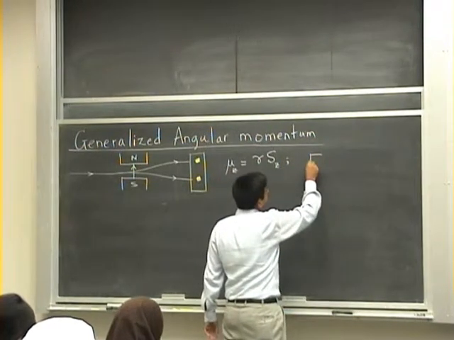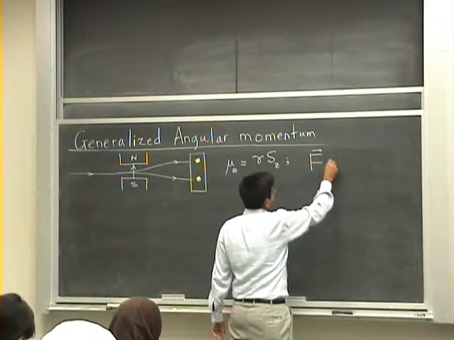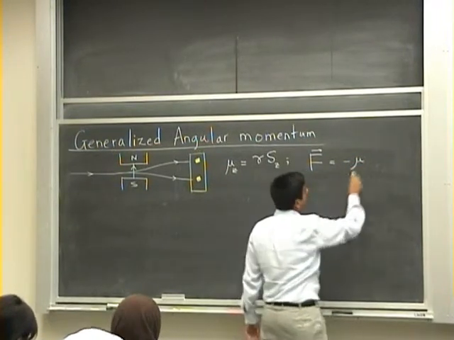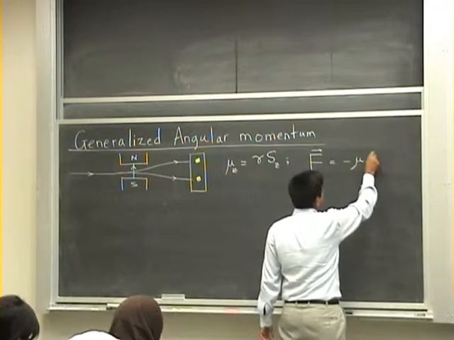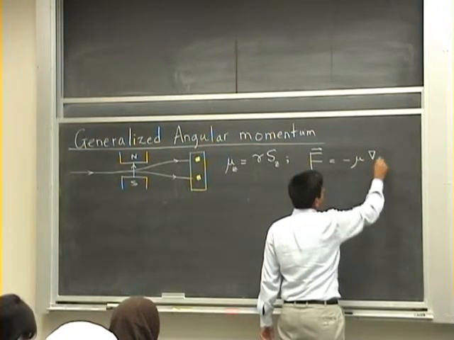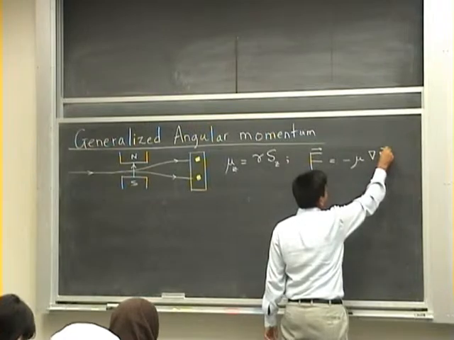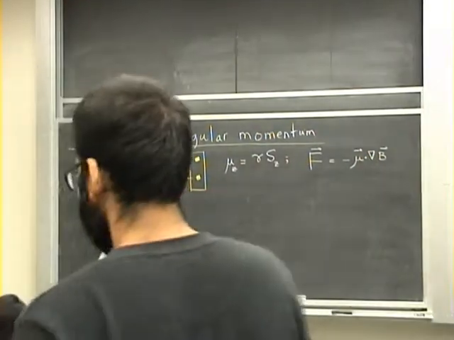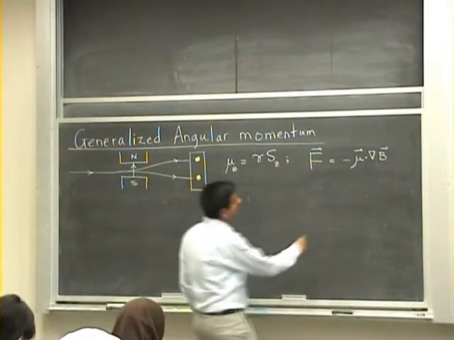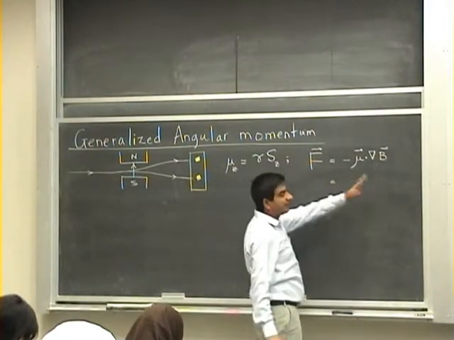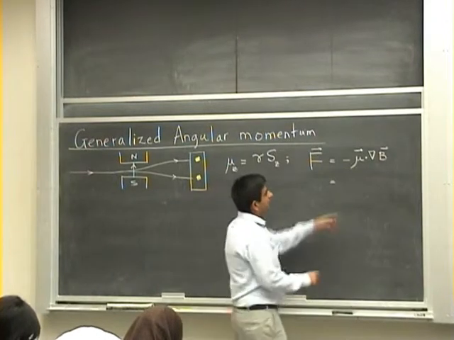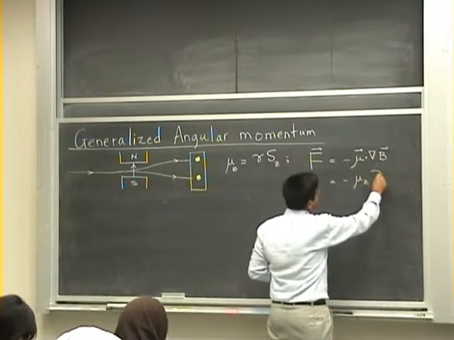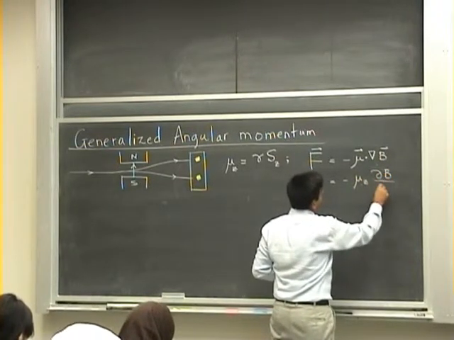The force is given by minus mu times the gradient of the magnetic field. We've already learned that. Since the gradient is just in the z direction, the force will be given by minus mu z partial B over partial z.